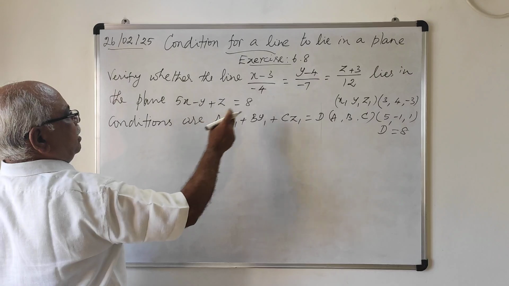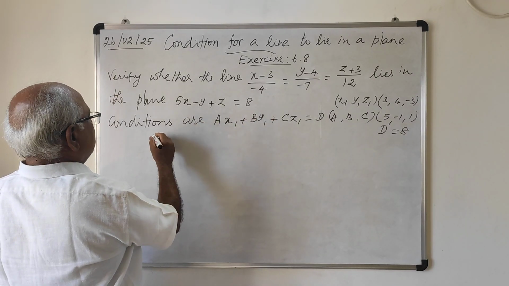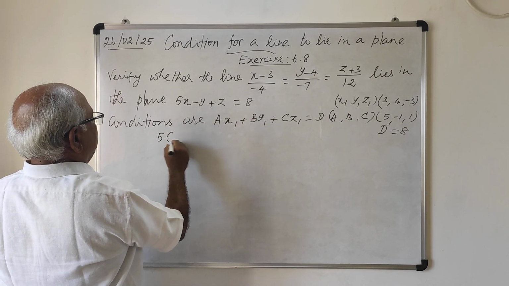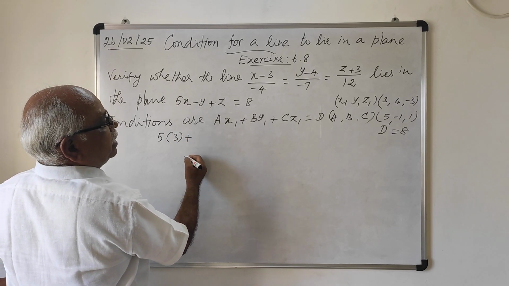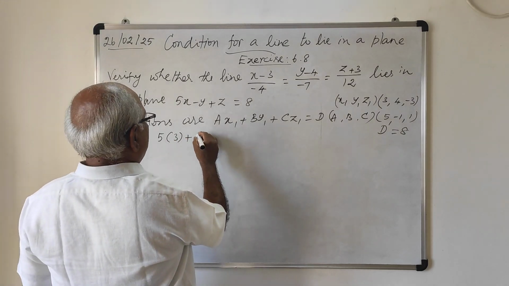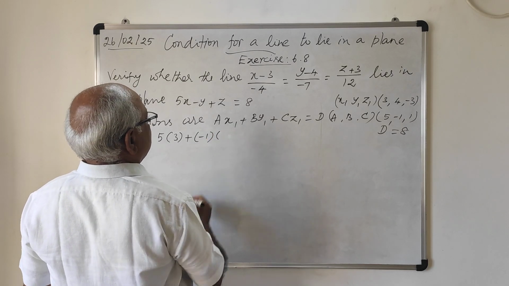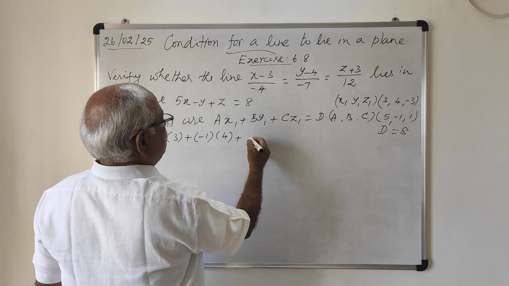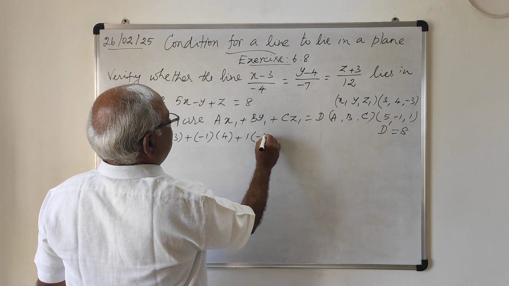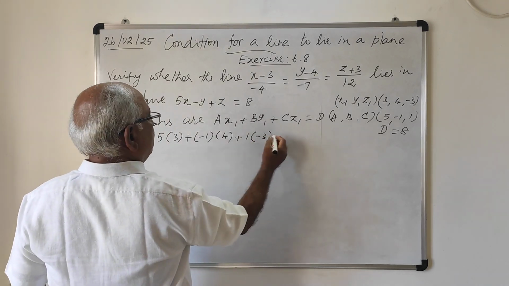We will check whether the point satisfies the condition. A is 5 into x1, 3, plus B is minus 1 into y1, 4, plus C is 1 into z1, minus 3, equal to 8.